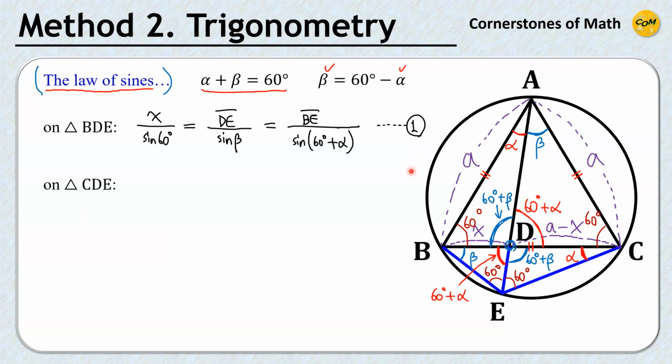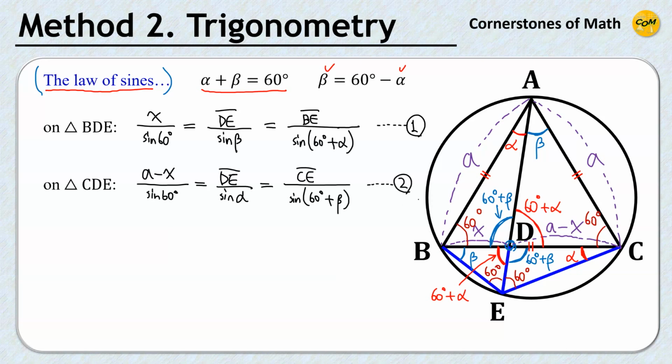And let's move on to the triangle right next to it, triangle CDE. Applying the law of sines here gives length CD, which is A minus x, over sine 60 degrees equals DE over sine alpha equals CE over sine of 60 degrees plus beta.